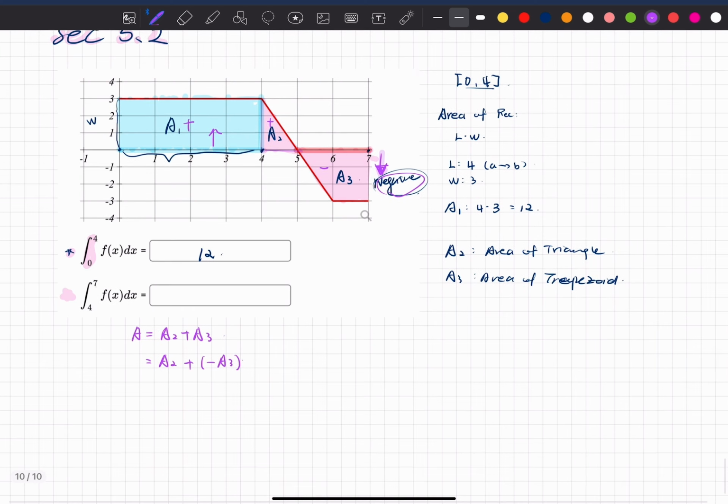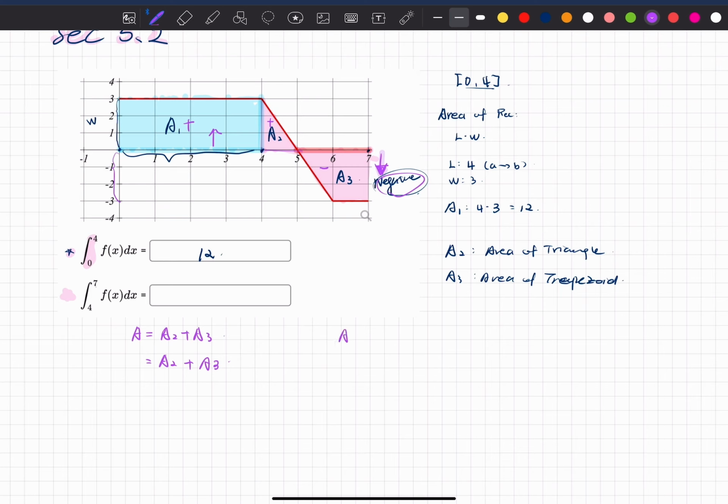We're going to use a negative height for this trapezoid. We can still leave it as A3, but during our calculation it's going to be different.